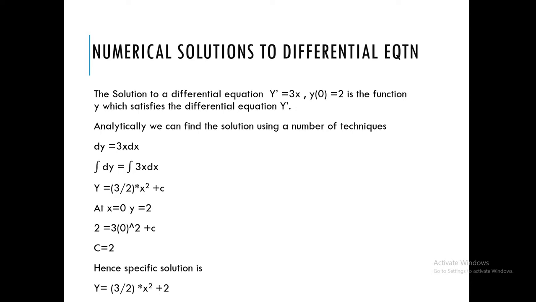So this gives us the specific function which satisfies the first order differential equation at the given initial value. We refer to this as the analog system of finding the solution to differential equations.